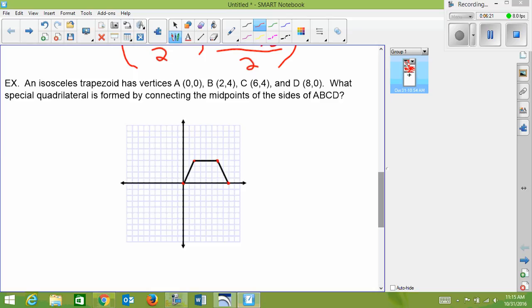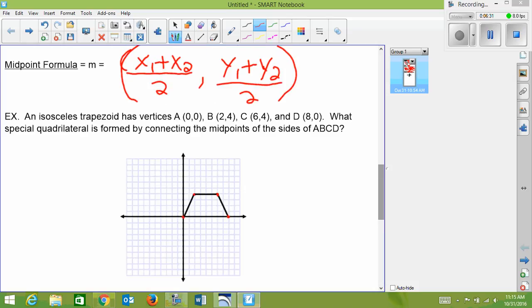You can see there that that is an isosceles trapezoid. The question says, what special quadrilateral is formed by connecting the midpoints of the sides of ABCD? I should have probably marked here which sides were which. This is A, B, C, and D. So I need to find the midpoint of all four sides.